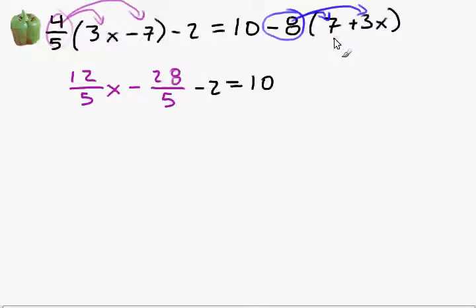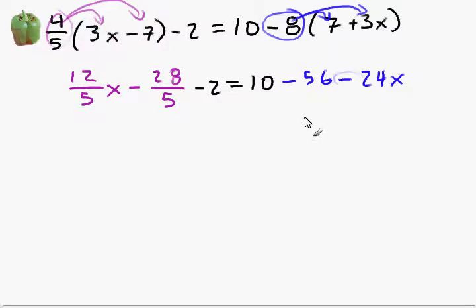So 8 times 7, that's, excuse me, I have the wrong thing written down. 8 times 7, that's 56, and it's a negative 56. Now, minus 24x. Got to keep that negative sign.